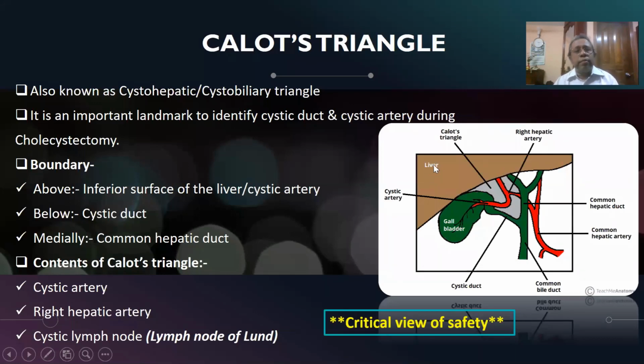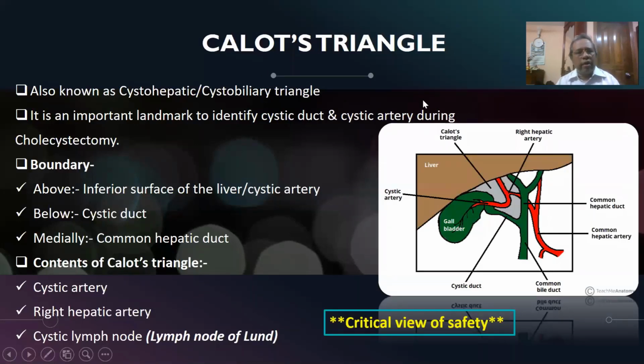It is an important landmark to identify the cystic duct and cystic artery during cholecystectomy. During cholecystectomy, the cystic duct and cystic artery are located in that triangle. For that reason, it is very important for everybody to know.